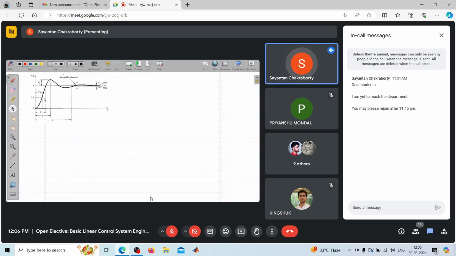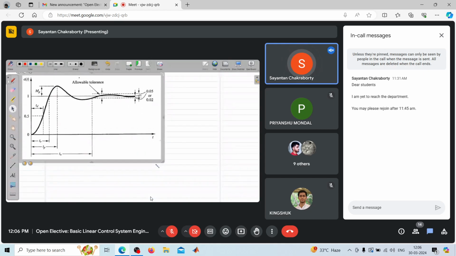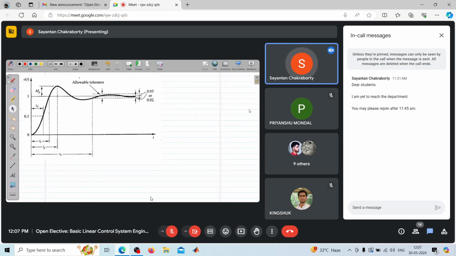So I'll be redundantly putting this figure over here so that you can understand. First, we have to find out the first thing, the delay time. Now, what is delay time? Delay time is the time required for the response to reach 50% of the final value.